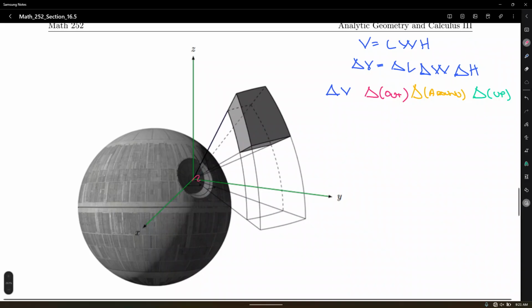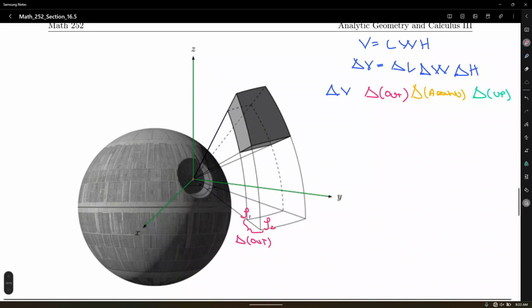That's why I have this imposed coordinate space. This is the origin, and from the origin all the way along this straight line, that's going to be our radius of the sphere. This will describe our delta out. That is, out of the sphere, from the origin out to your favorite radius, so this will be rho 1 to rho 2.